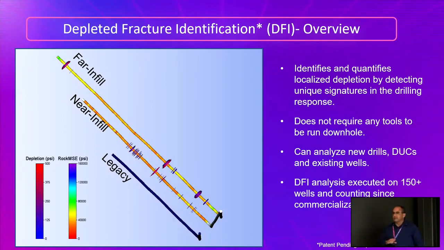One piece that I'll hit at a very high level is depleted fracture identification. It's something that we've been working on very hard lately, and it's a refinement on the OmniLog or the rock MSE values that we get. And what we're looking for is special or specific unique signatures that are present in the drilling data that identify when there's depleted fractures present. And we have seen reliably, repeatedly, and with lots of evidence looking at other logs and other data that we can see that depletion.